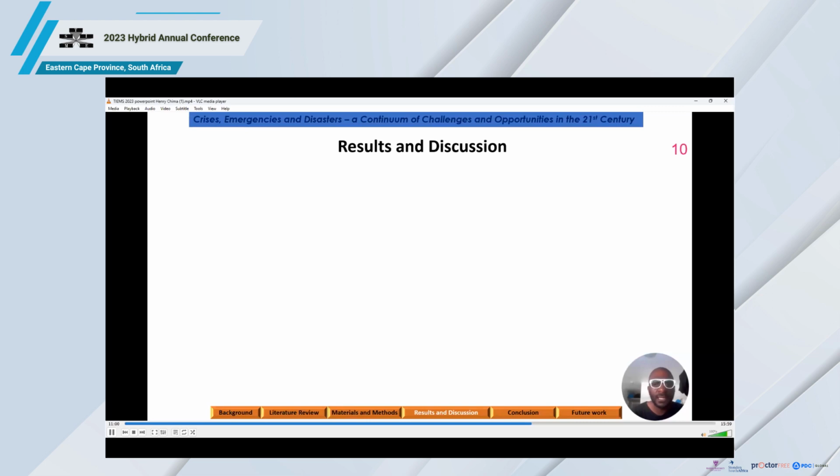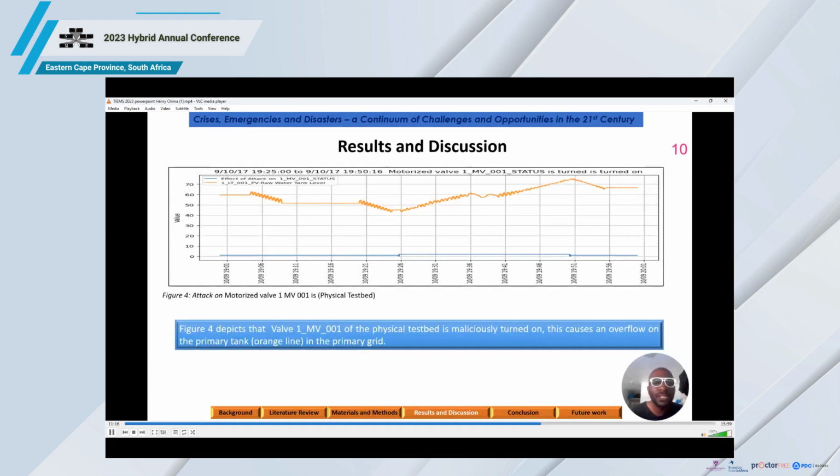Upon conducting behavioral analysis, that is trying to establish how the physical object behaves when there's an attack, and a similar attack on the digital twin, the study was able to come out with a graphical representation using Python.